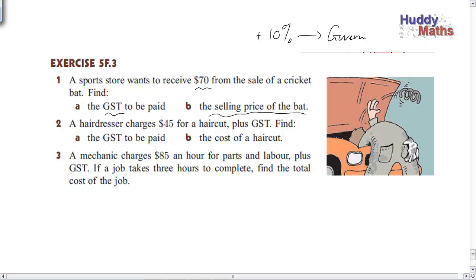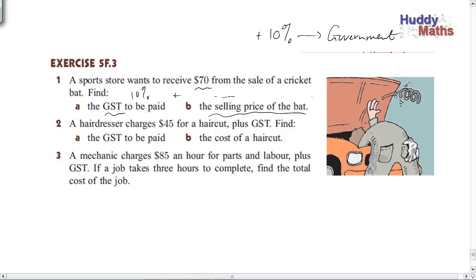All right, so I want you to do that. And if they ask for the GST, of course, you've got to actually work it as a 2-step method. You want to find the 10% and then add it on to the mark price, they're $70.